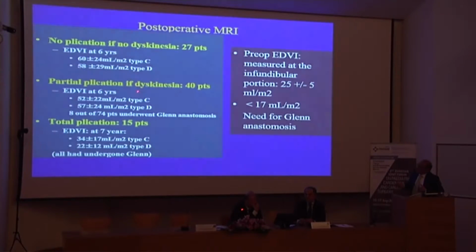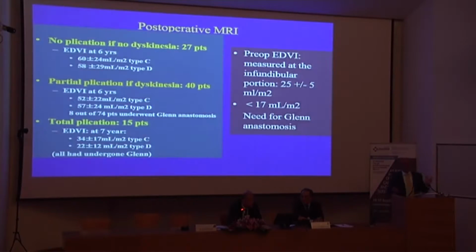In the partial plication group with dyskinesia, I do a central partial plication, as I mentioned, to convert the dyskinesia into akinesia. 40 patients, compared to the no plication group, the end-diastolic volume index is a little bit smaller, and 8 out of 74 patients underwent an associated Glenn anastomosis.